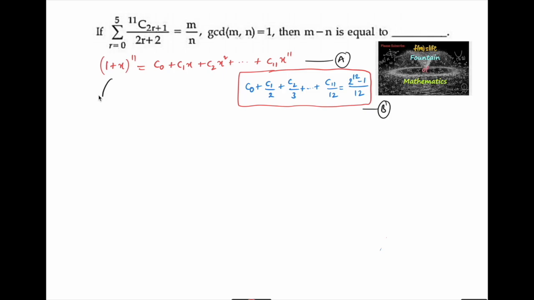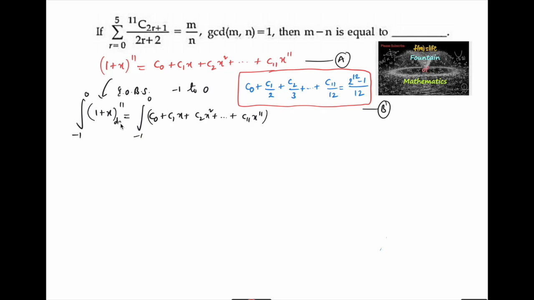Integrate again A, integrating on both the sides from the limits minus 1 to 0. So we'll get integral minus 1 to 0 of (1 plus x) whole power 11 is equal to integral minus 1 to 0 of C0 plus C1 x plus C2 x square, and so on, C11 x power 11 dx.